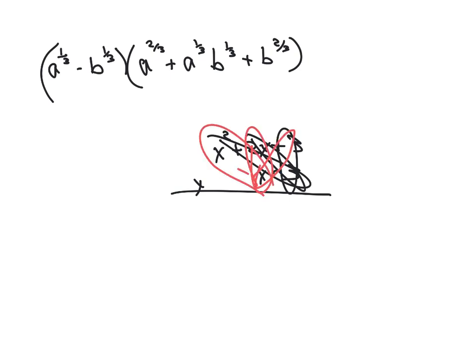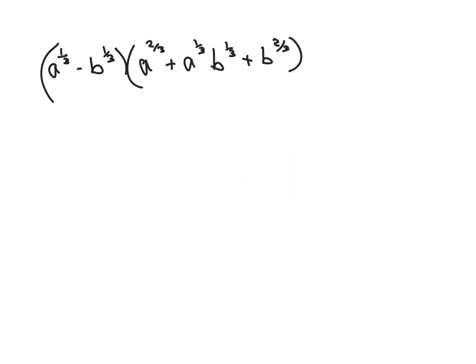You can do it that way. In fact, that's the way the book does it. I prefer not to. I think it gets really confusing. I prefer doing it kind of along the line of the FOIL method. So we take this and multiply it by each of these terms, and then we take this and multiply it by each of these terms. Okay, and that's the way I'm going to do it.